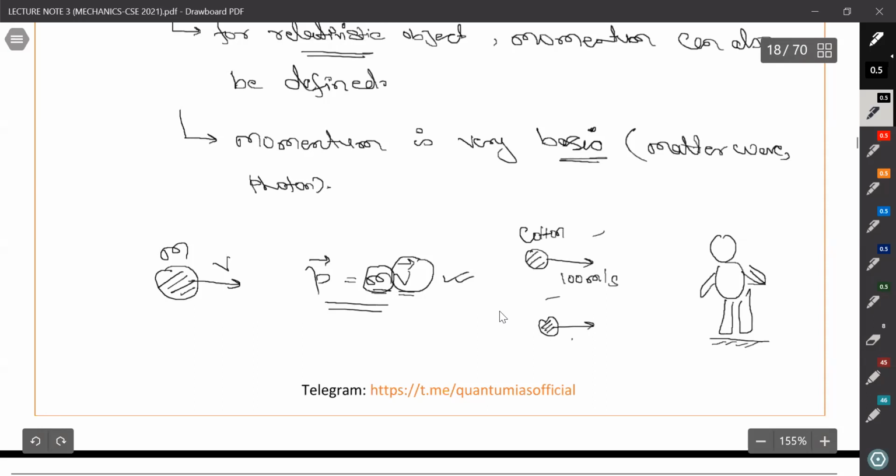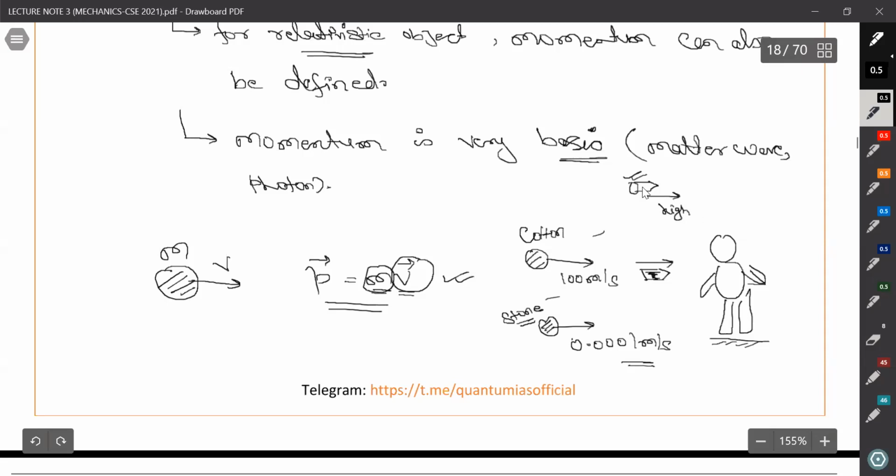If I throw a stone, higher mass, with 0.0001 meter per second, will it hurt you? No. If I shoot a bullet, we know that the bullet mass is very small and its velocity is very high.